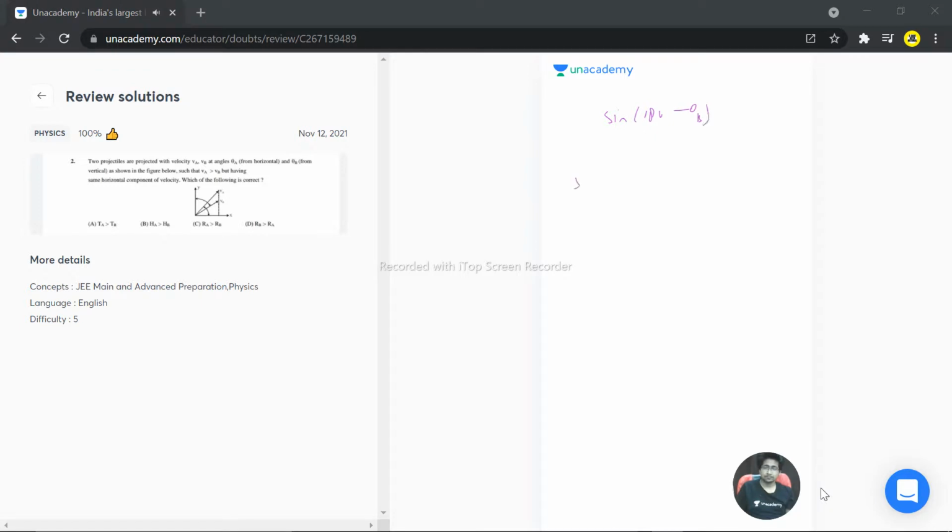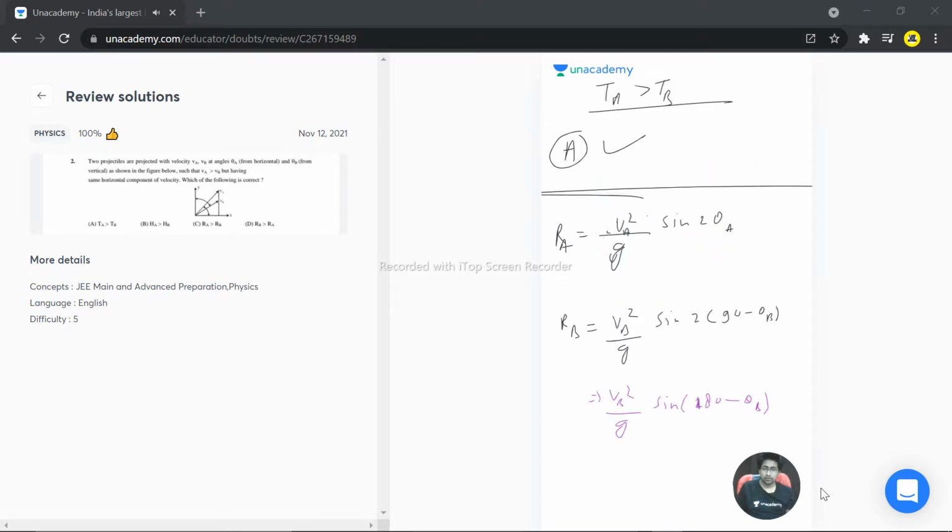Sine 180 cos B minus cos 180 sine B. Cos 180 is minus 1, so minus minus becomes plus. So this is simply sine theta B, VB square by g sine theta B.